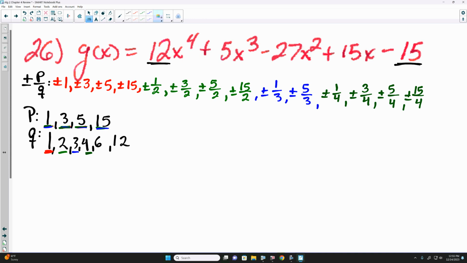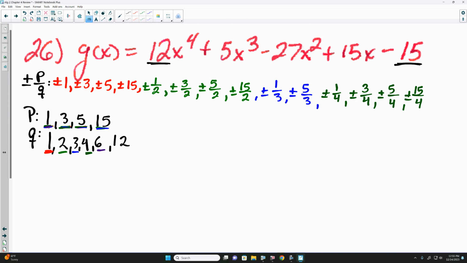Now, part of the reason we didn't have to list all the ones with 3 is because 3 and 15 had a common factor of 3 with 3, so they reduced and we didn't have to list them out. However, 4 does not have a common factor with 3, 5, or 15, so we had them all.